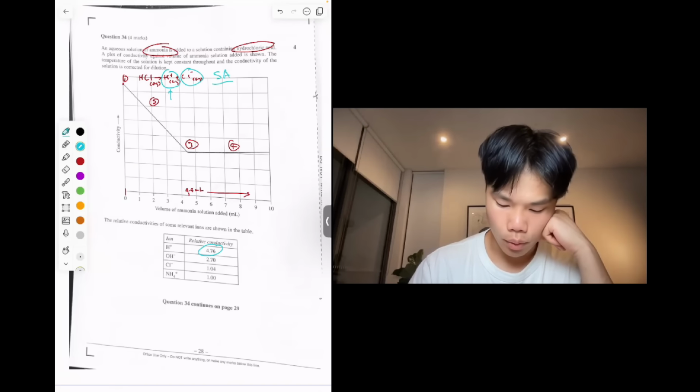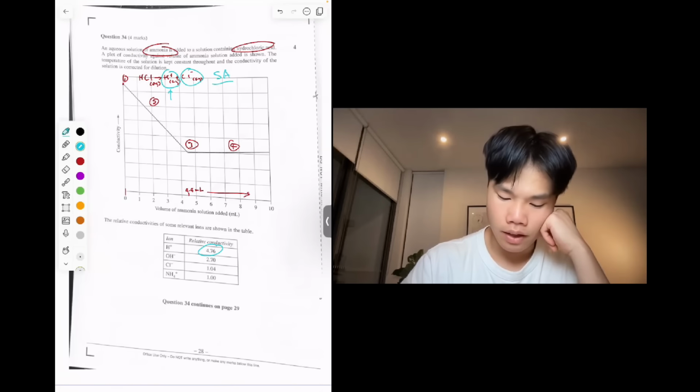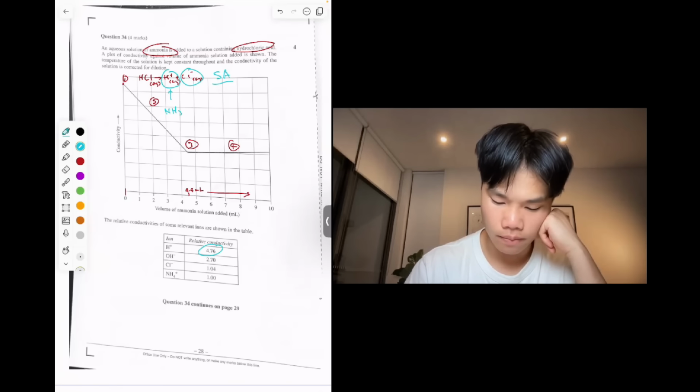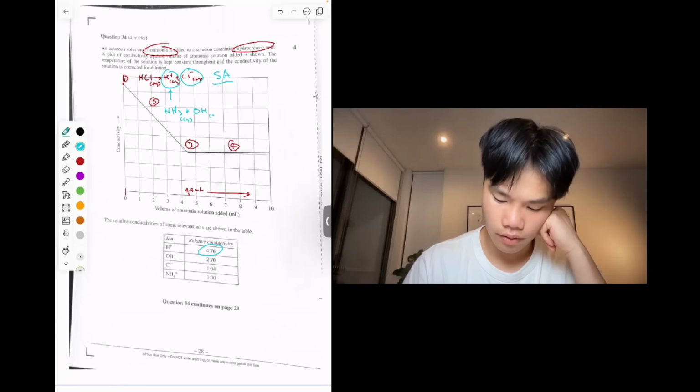From point 1 to point 2, or from volume 0 to volume 4.4, ammonia is being added into the system. And so ammonia, NH3, is able to react, or you can either show it, yeah, we can just show it reacting with, sorry, not hydroxide, with H plus.